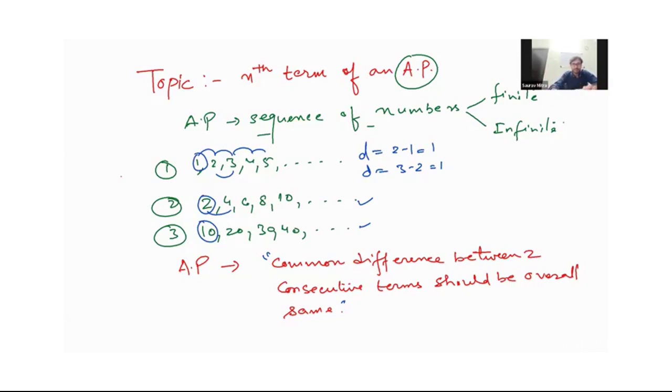Now what do we mean by the nth term? What is the nth term of an AP? Say I write a sequence, let's say 1, 2, 3, 4, 5.